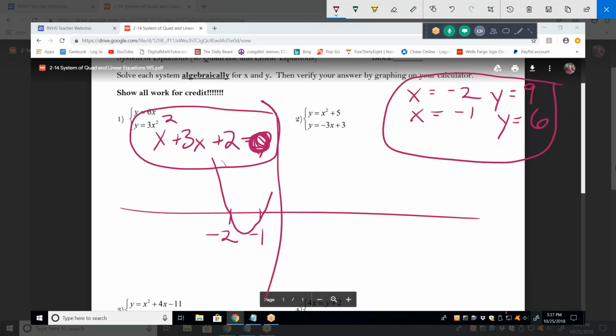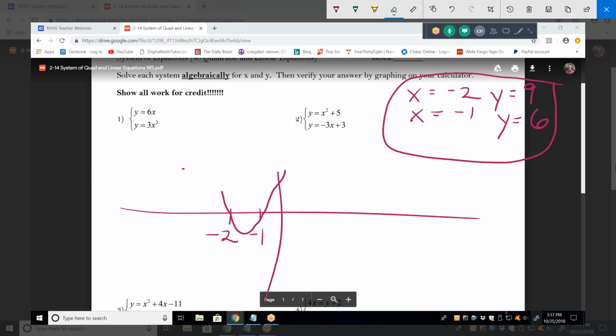So it must look something like that. Excuse me. That is not correct. It does look like what we were seeing on our calculator.